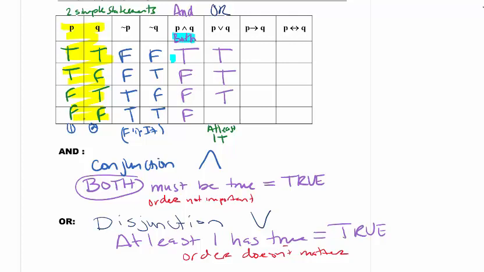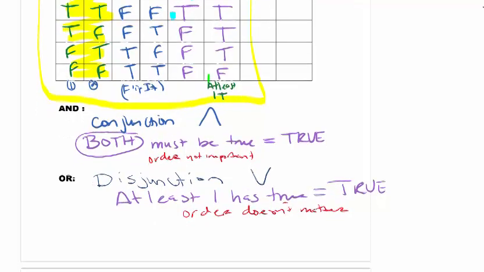The only one that does not work is false and false. That's the only one that does not have at least one true. So this is what this section is about. The negation, the and the or. And I'm going to come back and rephrase these and resummarize these as we move through this. But that is the basic rules.